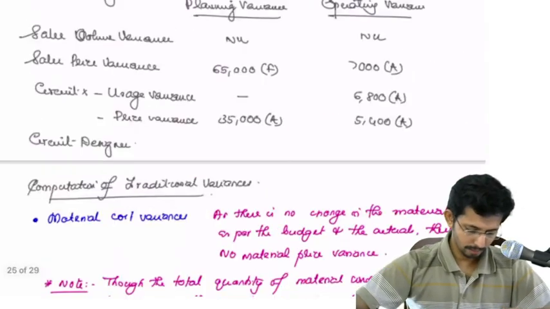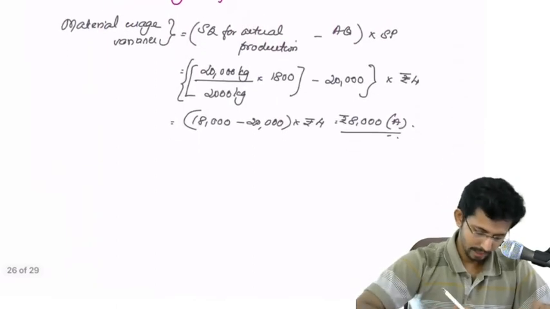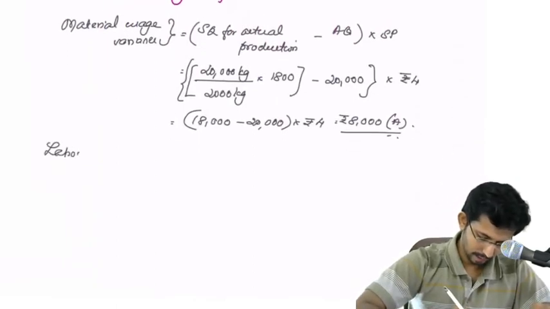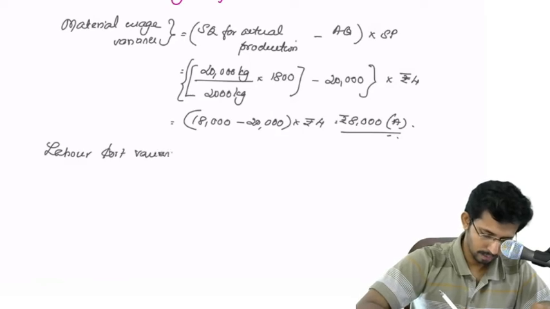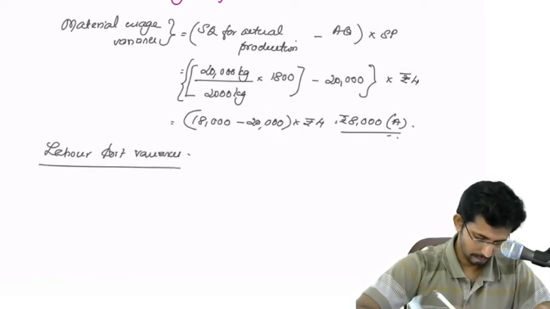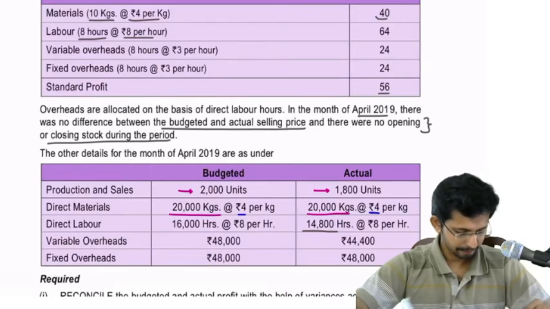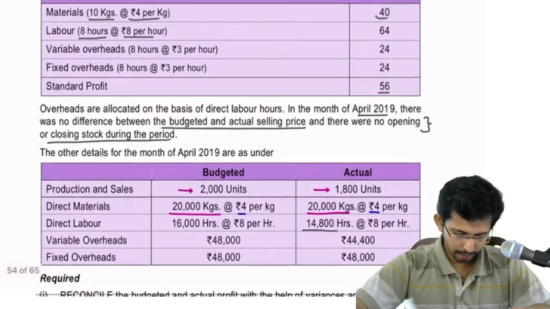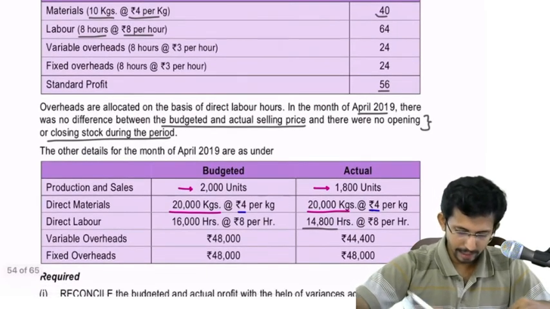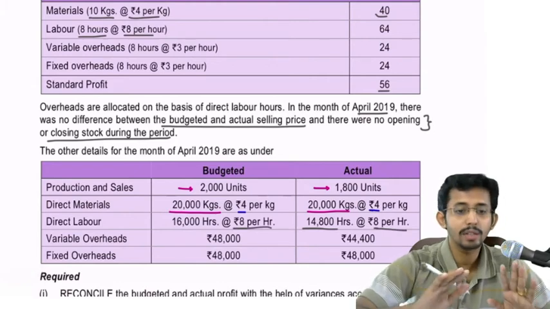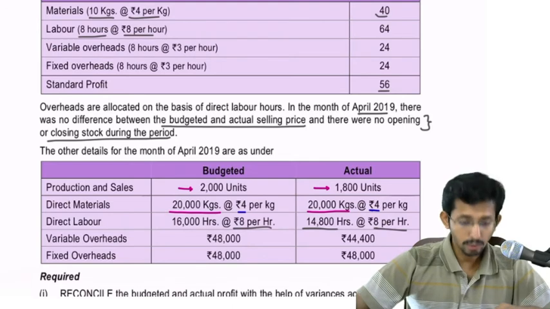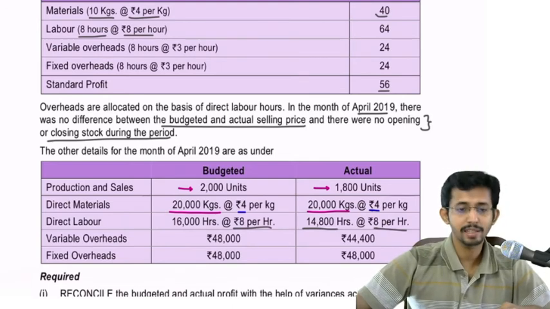Okay, now come to what? This is material. Now labor cost variances. Labor cost variance. Yes, what do you say? Again, is there any difference in the rate? It is 8 per hour. So there is no labor rate variance. But what about efficiency? Yes, there could be efficiency variance.